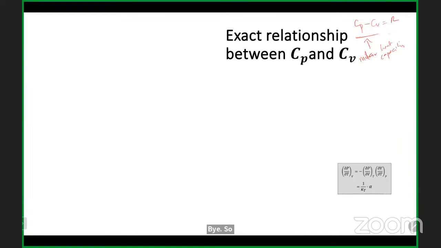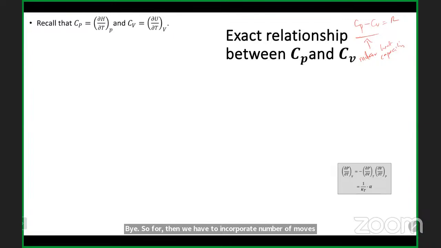For n moles, we have to incorporate the number of moles into one place in there. So how can we express the relationship of Cp and Cv in terms of pi T, alpha, and kappa T? Let's play around a little bit with mathematics.